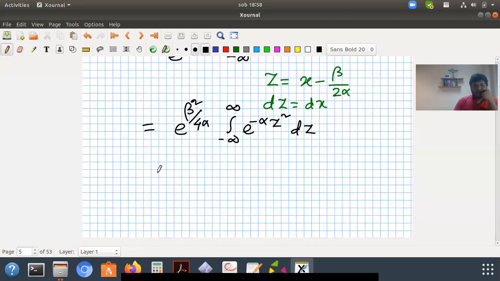So here we can use the identity: e to the power beta square by 4 alpha, and this will be nothing but, for e to the power minus z square, square root of pi. We know this identity, but there is some alpha term here, so we change this alpha, so this will be square root of pi over alpha.